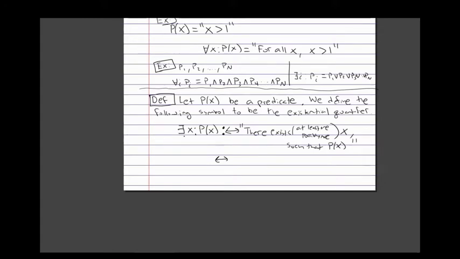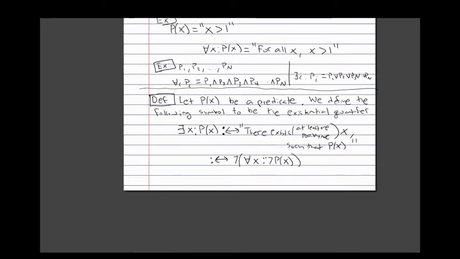So if I write down the statement, there exists x such that P of x, this is the same thing as, and it can actually be defined as, the negation of the statement, the opposite of the statement, for all x, P of x is not true. Or, for all x, not P of x.